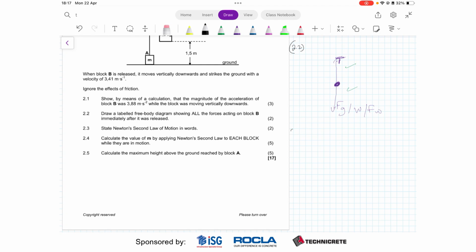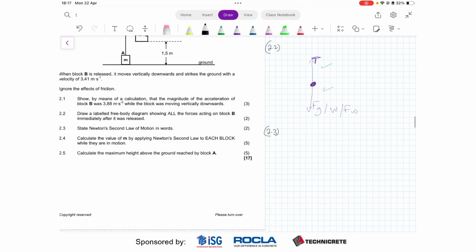2.3. State Newton's second law of motion. Okay, so this one, they look for keywords or key phrases. So if these keywords or key phrases are omitted, then you lose a mark.